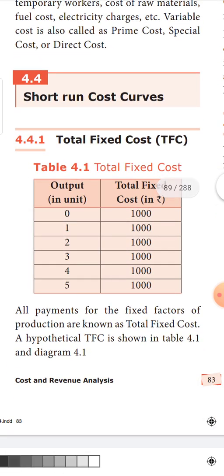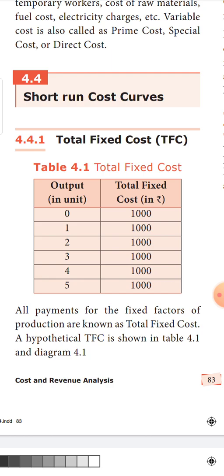Before going to the topic, we need to understand what is short run. Short run is a period where you cannot change all the inputs. Only one input could be kept as fixed input, and one input could be kept as changing input, where to increase the output there are certain inputs which only can be changed.